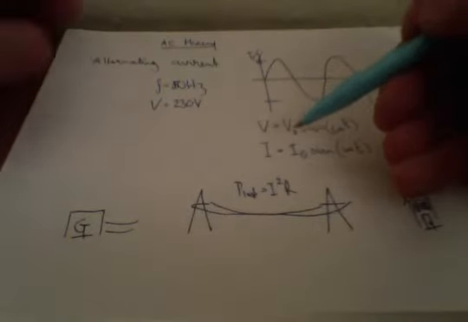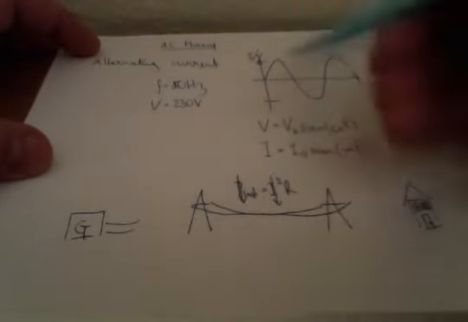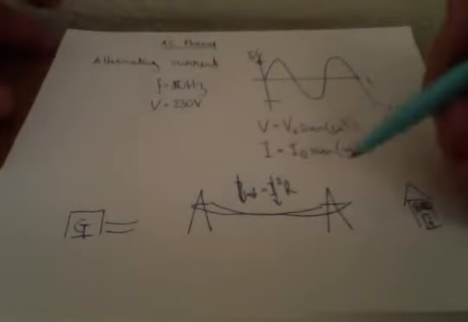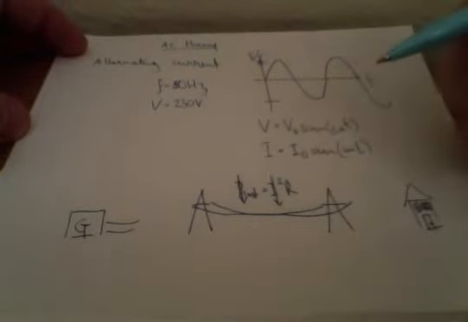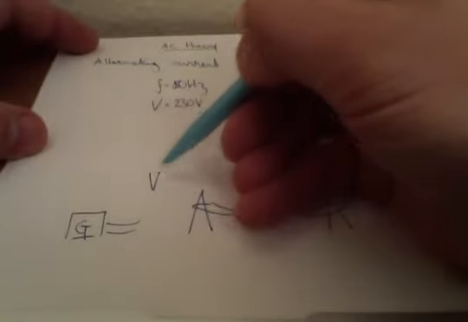So if somehow we can try and reduce the current as much as possible, then the power loss will be greatly reduced because it's an I squared factor. So how do you manage to reduce the current? Well, if you're able to step up the voltage and transform the voltage up, then the current will come down.